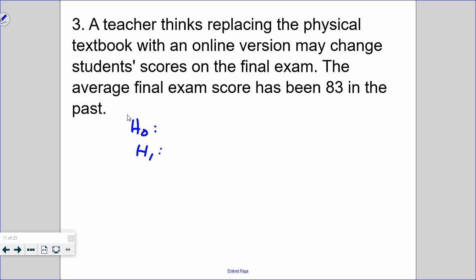Are we assuming that it's going up or going down? No, just that it's going to change. So we have mu equals 83, and then mu is not equal to 83. Okay. You can put your whiteboard away if you would like.